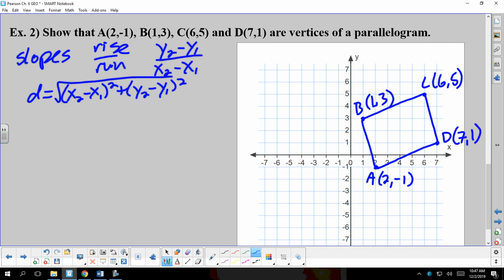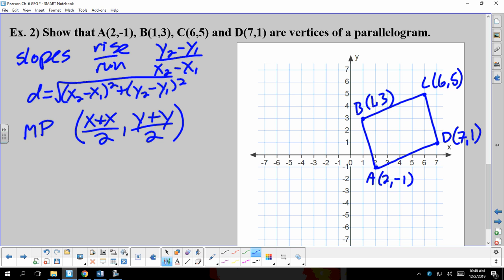It turns out if the diagonals each have the same midpoint, that means they cut each other in half. And if they bisect each other, then it's a parallelogram. So my midpoint formula, right? That's where we add our x's together, divide by 2. Add our y's together, divide by 2. And we find that midpoint. If it's the same, we can go ahead and say it's a parallelogram.